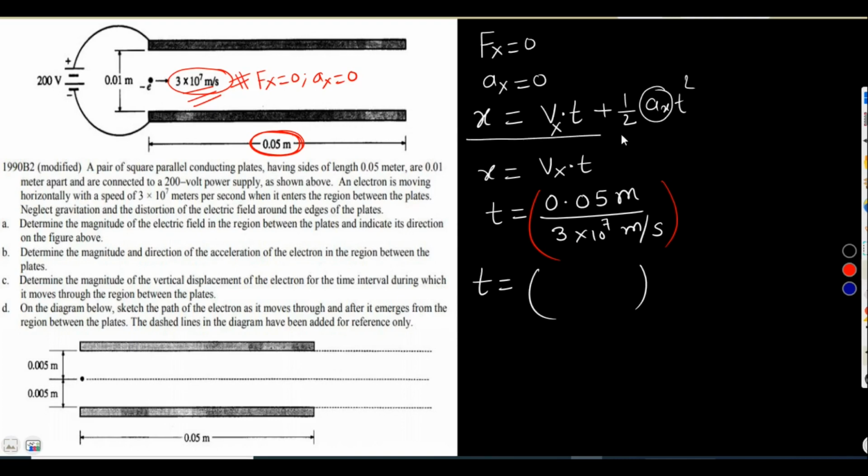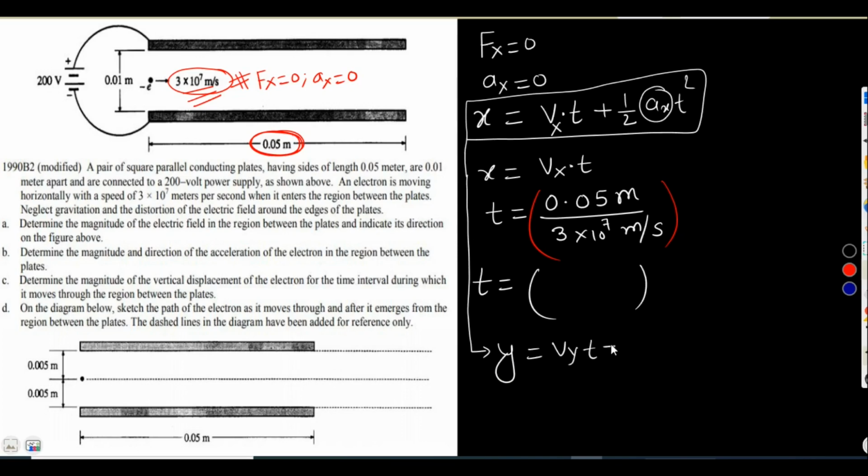So again we can apply this formula in the vertical direction. We can write y is equal to vy t plus half ay t square. Initially the y coordinate is 0, we are starting from this point, and vy is 0.